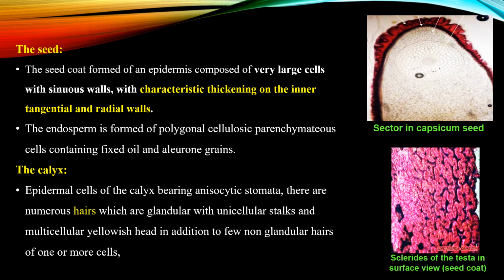The endosperm of the seed is formed of polygonal cellulosic parenchyma cells containing fixed oil globules and aleurone grains. The calyx, as part of the fruit, is formed of epidermal cells bearing anisocytic stomata, with numerous hairs: glandular hairs with a unicellular stalk and multicellular head, and multicellular uniseriate non-glandular hairs.